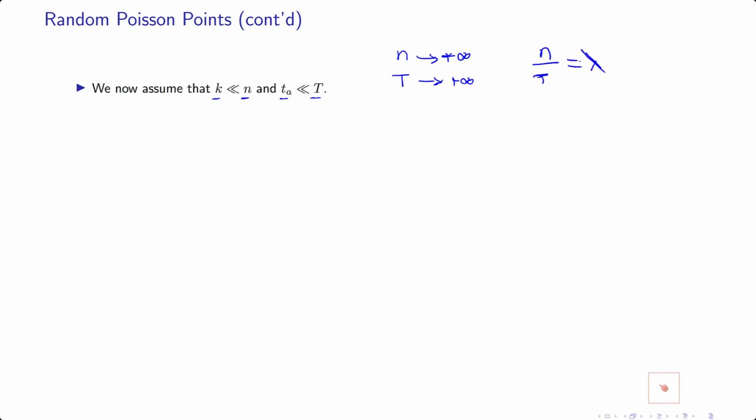We denote it lambda, or traffic rate. Either assumption leads to the same mathematical distribution. We will call it Poisson points.